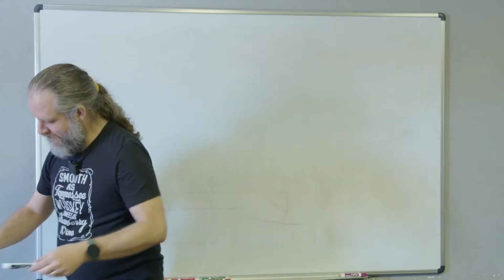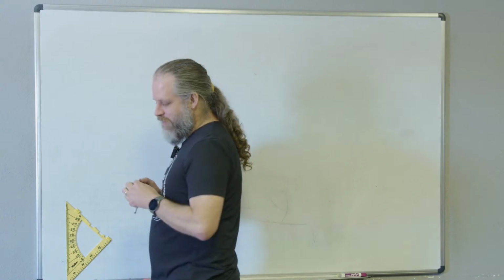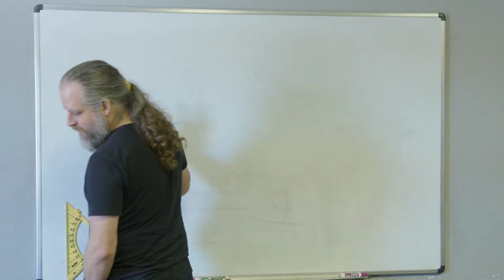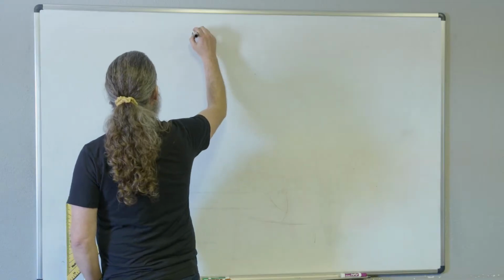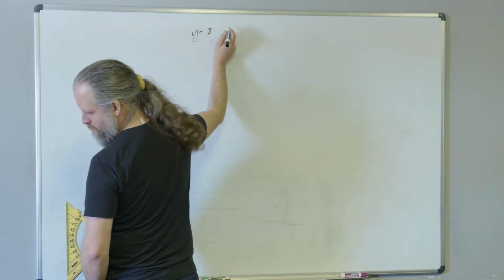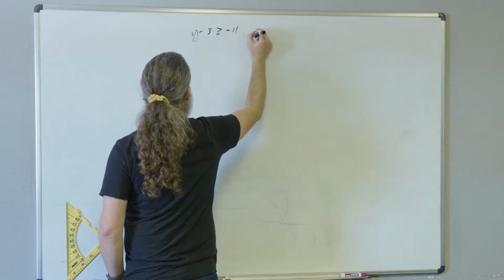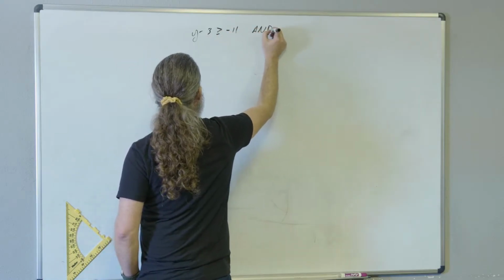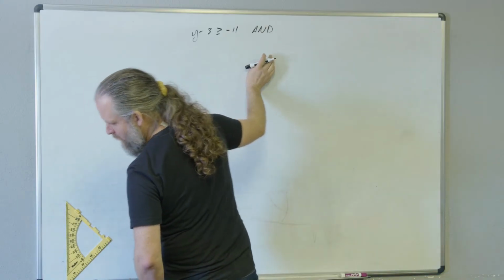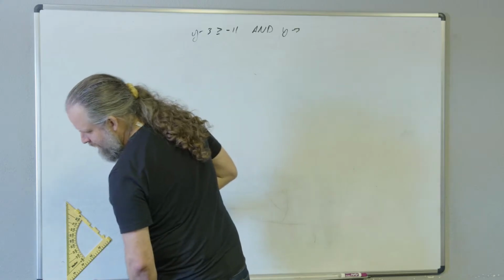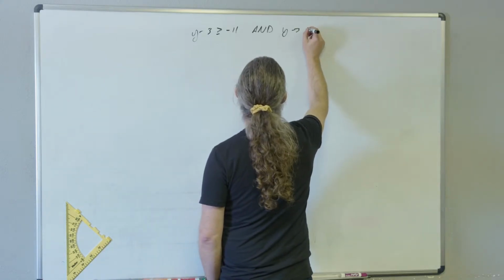Okay. Compound inequalities. We're going to do some examples. We're going to do them quickly because you should have already watched the notes. All the things. So here we go. So we're going to solve y minus 3 greater than or equal to negative 11 and y minus 3 less than or equal to negative 8.